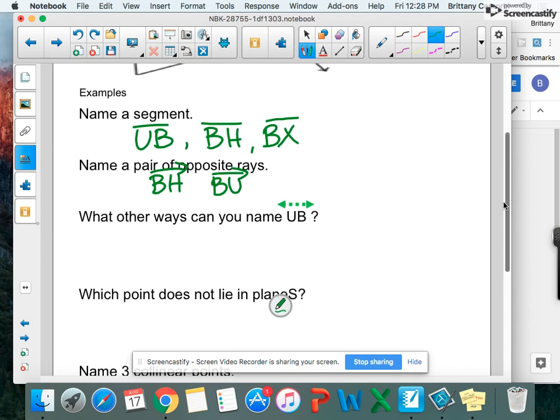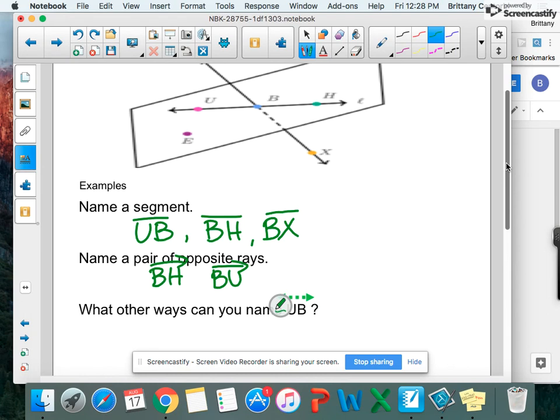If we look at line UB, yes, we could flip the letters and do line BU, but we want to look at other letters, so we can use line UH, again with the arrows on top. We could also do line BH with the arrows on top. And if we look here, we have a lowercase letter, so we could also write line L.